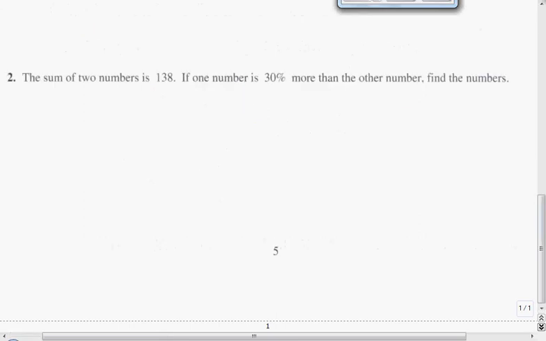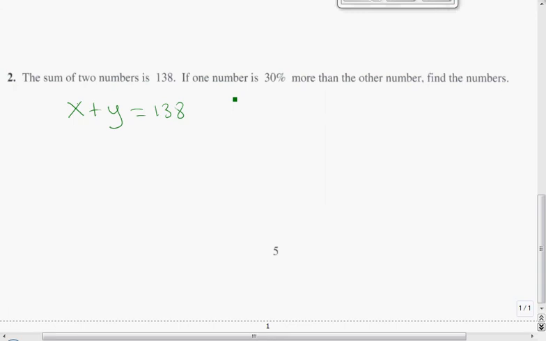All right, so problem number 2 says the sum of two numbers is 138. Do we know what the two numbers are? No, we don't. But there are obviously two different numbers, so we're going to use two different variables. x plus y equals 138.